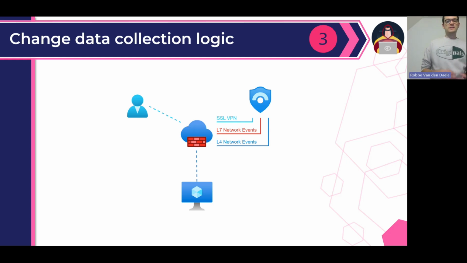Then if you want to extend your detection coverage, you might need layer 4 network traffic, so you can create your own specific detections. Another example: let's say you want to know about brute force attacks on the SSL VPN. You are still using the same firewall as a detection source, but you need to add other data to make sure you can detect those SSL VPN brute forces.